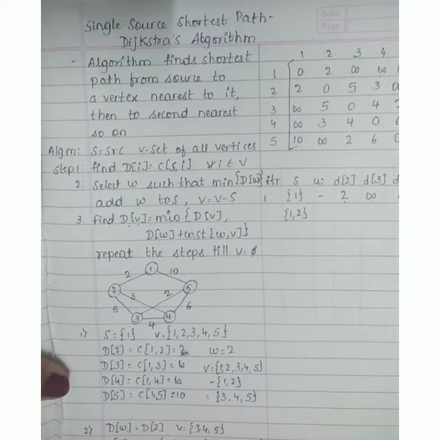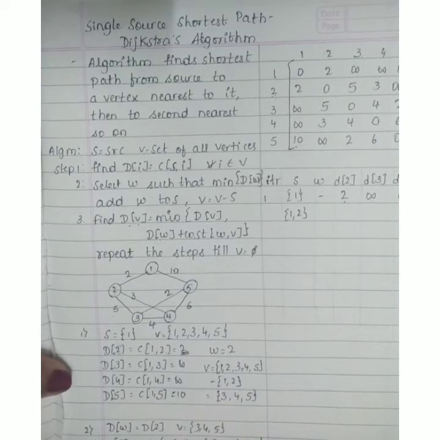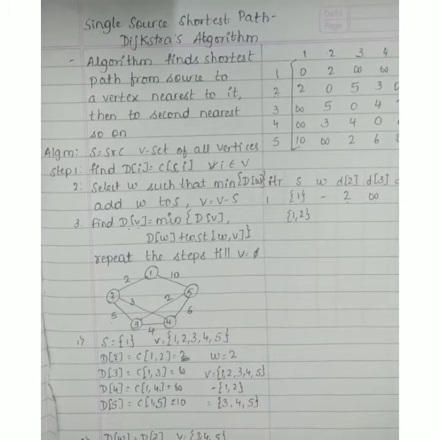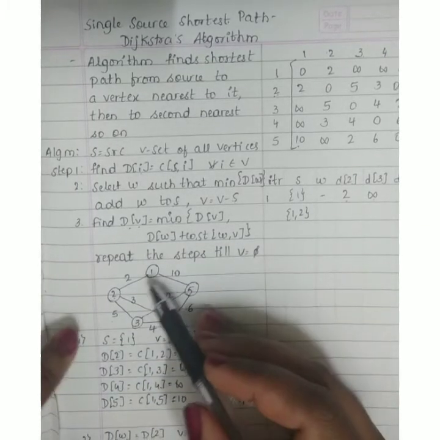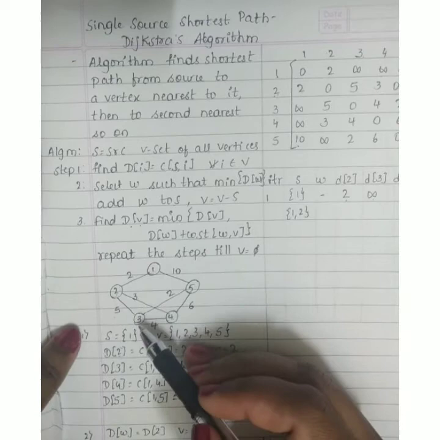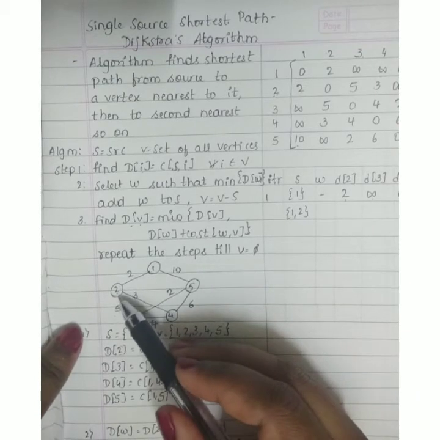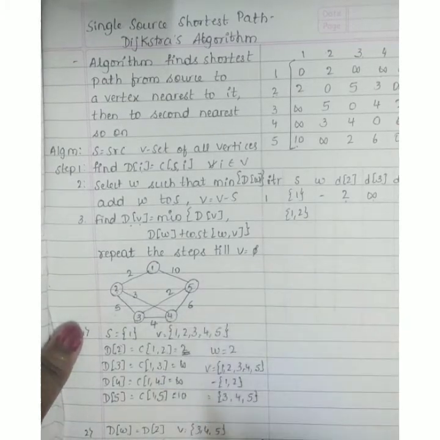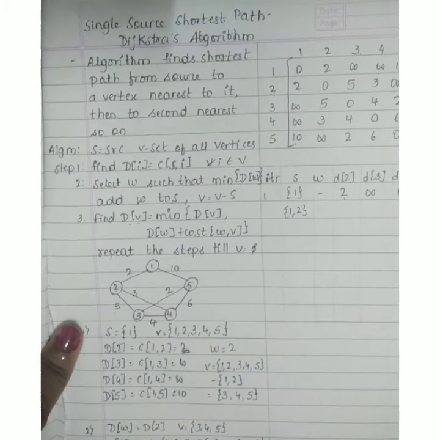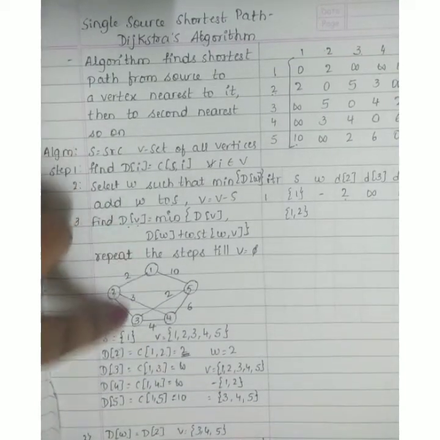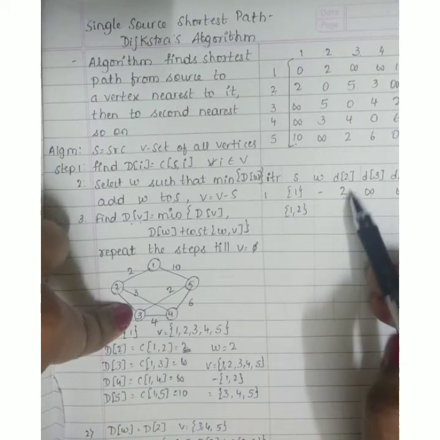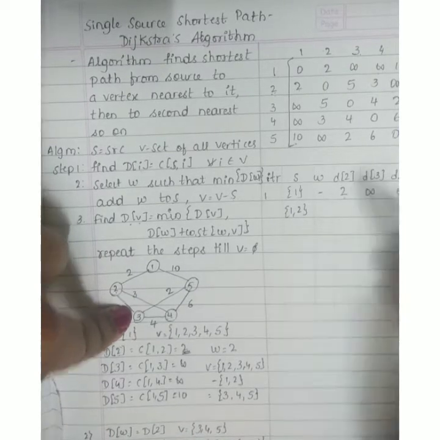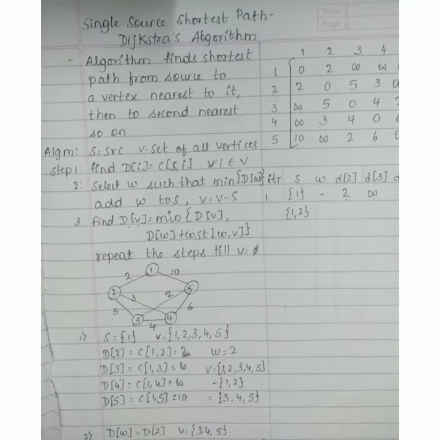So among infinity and 7, which is minimum? 7 is minimum. So this indicates the distance from 1 to 3 using 2 as intermediate node is 7. Initially the distance from 1 to 3 was infinity. Now we have updated it using 2 as intermediate node, and the distance is 7.